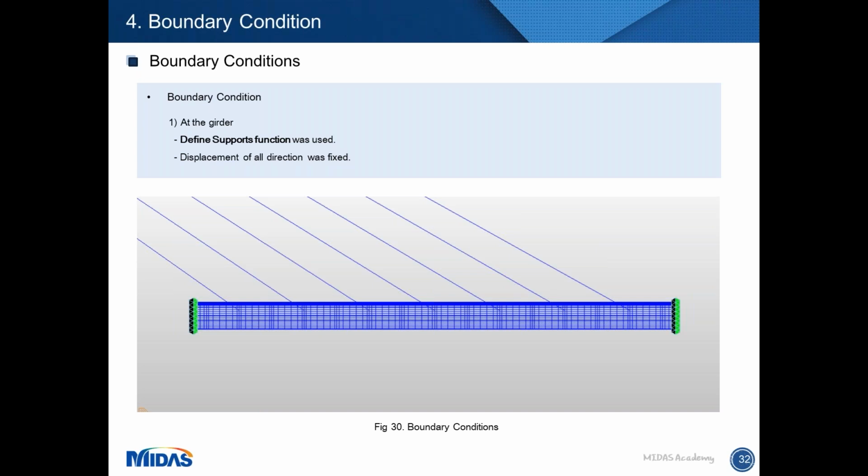Now we are going to look at the boundary conditions simply. I used the define supports function in MIDAS Civil. In this case, the displacement of one direction was fixed at the end side of the girder here, because I focused the analysis results at the middle of the girder.